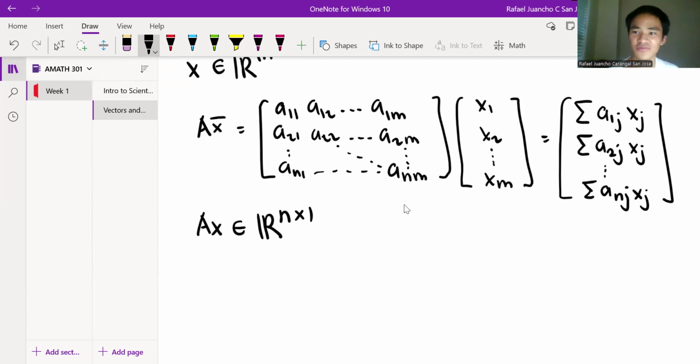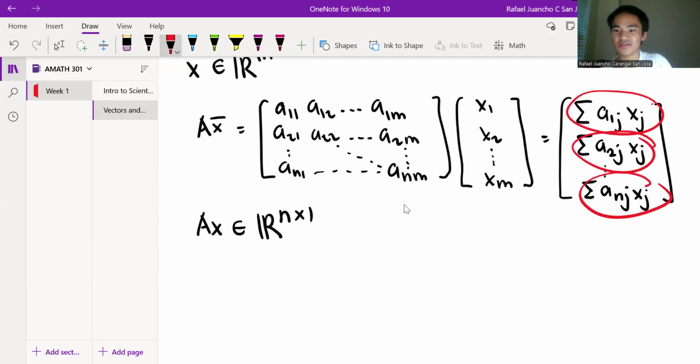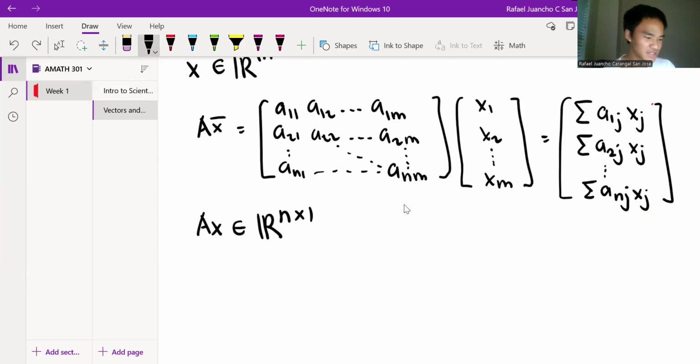So actually, fun fact, if we multiply a matrix by a vector, we get a vector. Because at the end of the day, this is a number, this is a number, this is a number. So that's the characteristic of the product of a matrix and a vector.